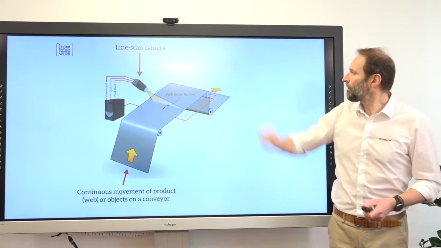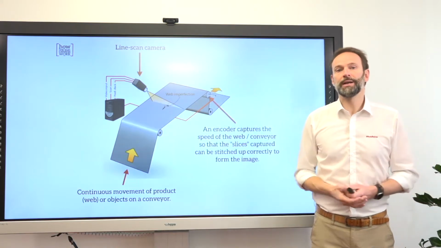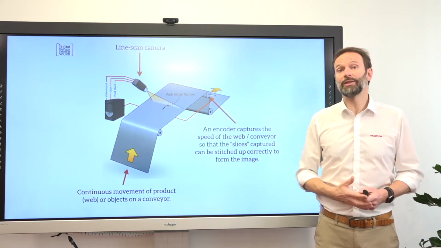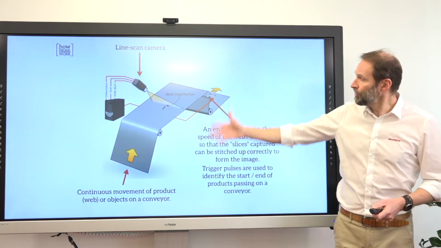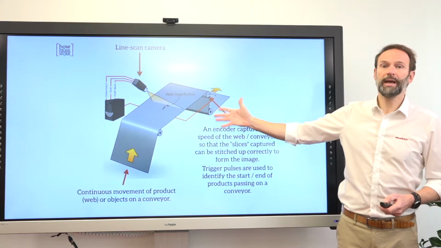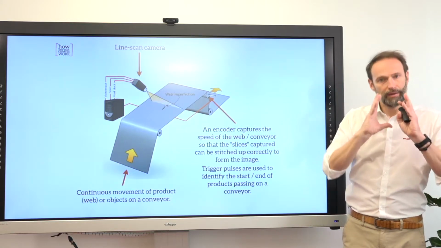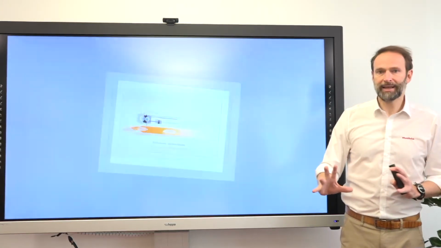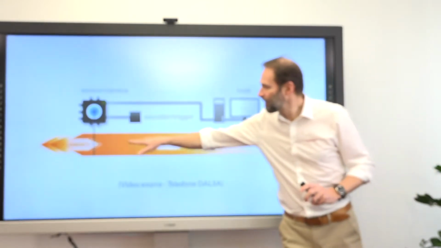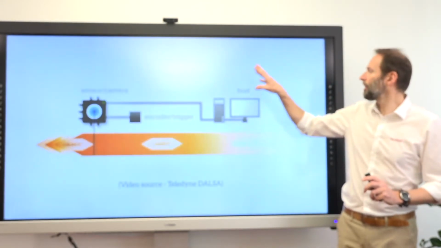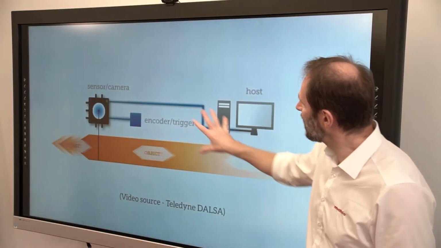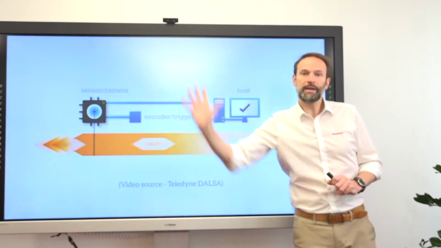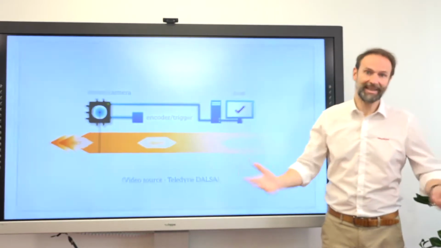The encoder over here is giving you then the distance, the length, by means of the speed. And if you put both things together, you can really transfer all the patterns that might appear during the object to the host computer. The encoder is giving you the length, and the camera is giving you the pattern.